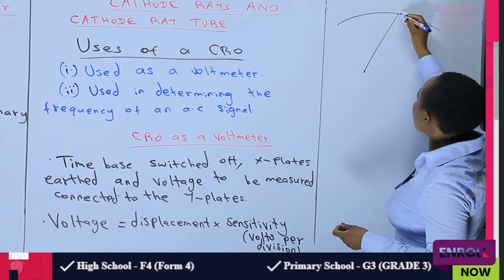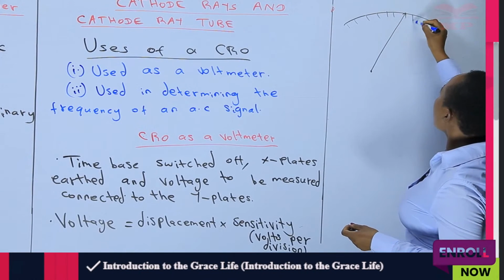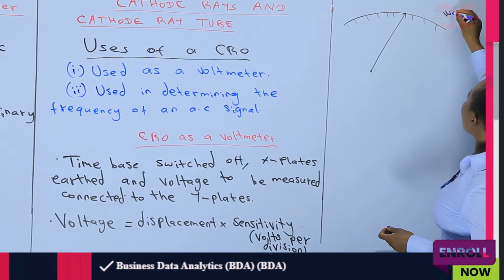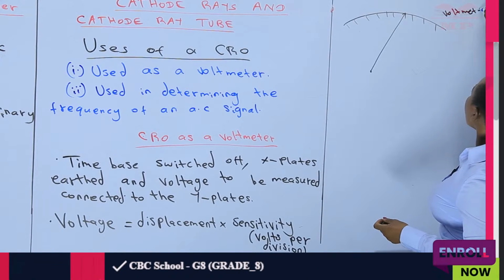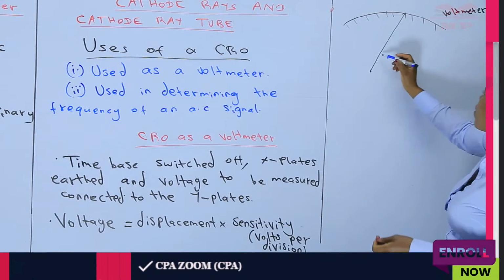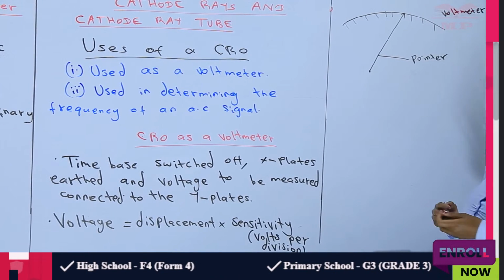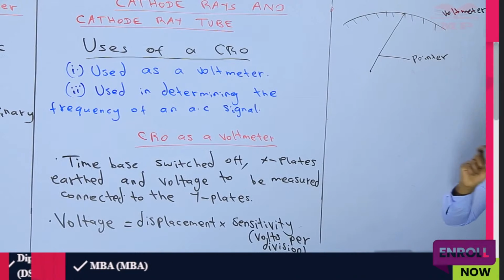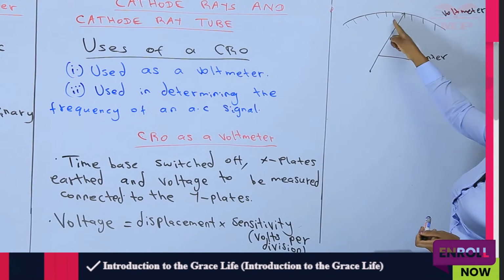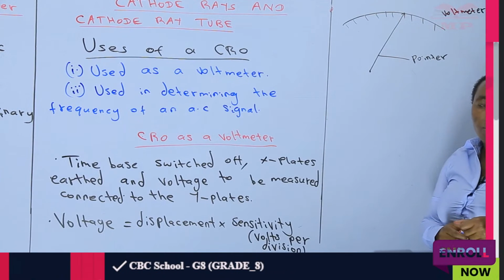If, for example, this is my pointer, these are the readings here on the voltmeter. We know very well that when you want to get the reading, this pointer swings fast. It swings around the reading, and then it points where the reading is to be.